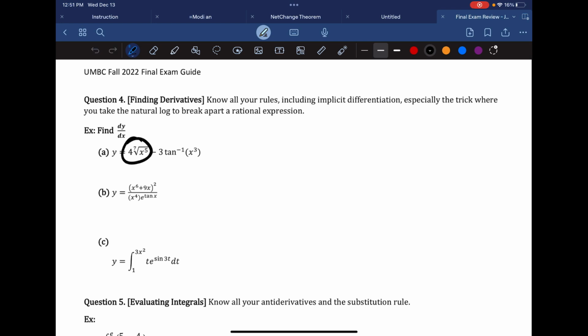Just for this one, the first thing we're going to do is rewrite it as 4 times x to the 5/7 power minus 3 tan inverse of x cubed. This is going to make this first term a nice and simple power rule.